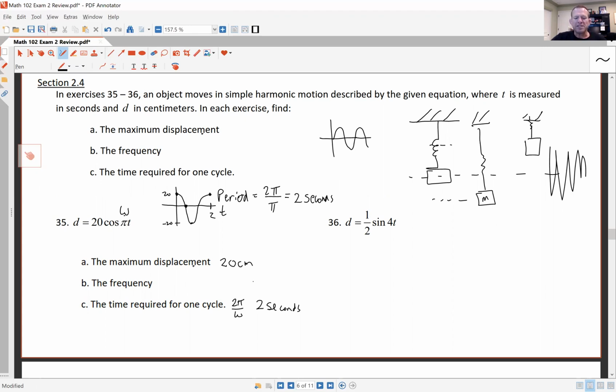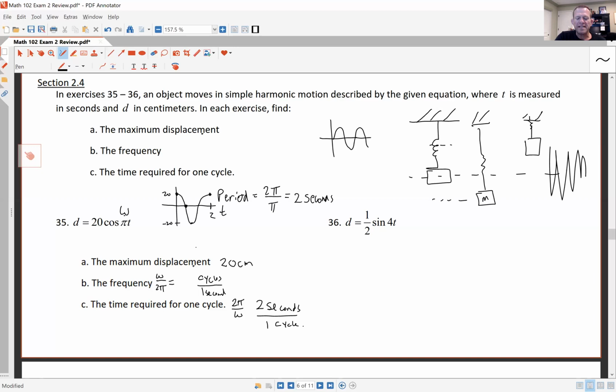Now, the frequency is related to the time required for one cycle. The frequency always talks about how many cycles can you get in 1 second, whereas this is 2 seconds for one cycle. You should see they're just the reciprocal of each other. The time is how many seconds per cycle. The frequency is cycles per 1 second. So you take the reciprocal of this to get the frequency, omega over 2 pi.